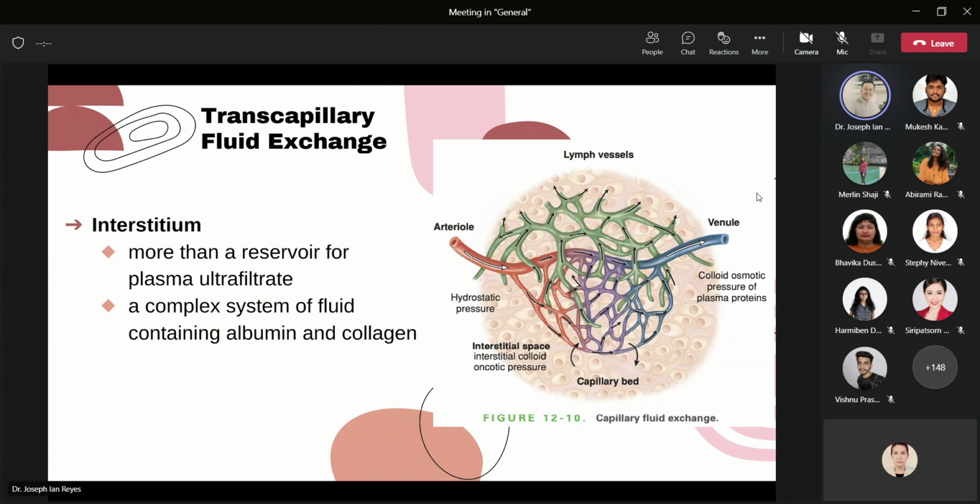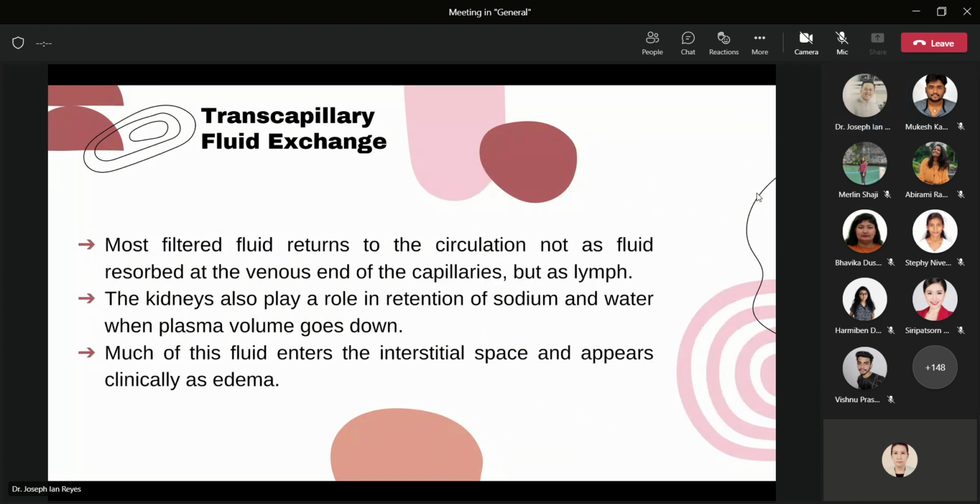Capillary transendothelial filtration has been found to be significantly less than previously understood, and most filtered fluids return to the circulation not as fluid resorbed at the venous end of the capillaries, but as lymph. So it's more of the lymph, not the venous return in the capillaries.